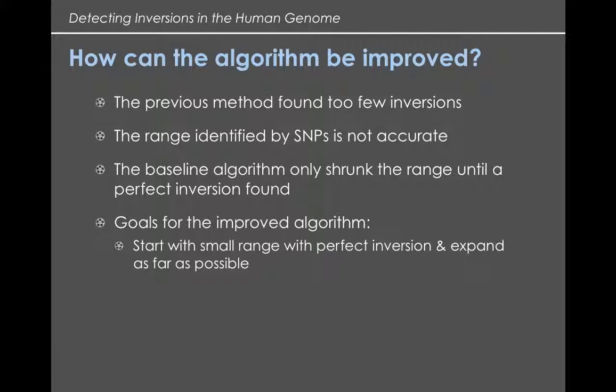Also, the way that this algorithm found the range of inversions was by slowly restricting the region instead of expanding. It only went in one direction. So an improved algorithm would go in both directions, probably using some kind of dynamic programming method.